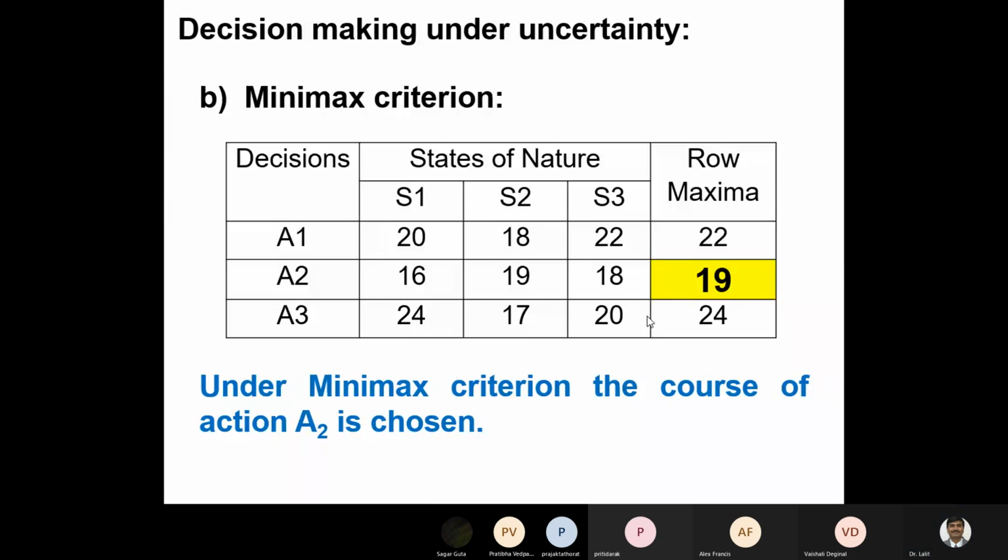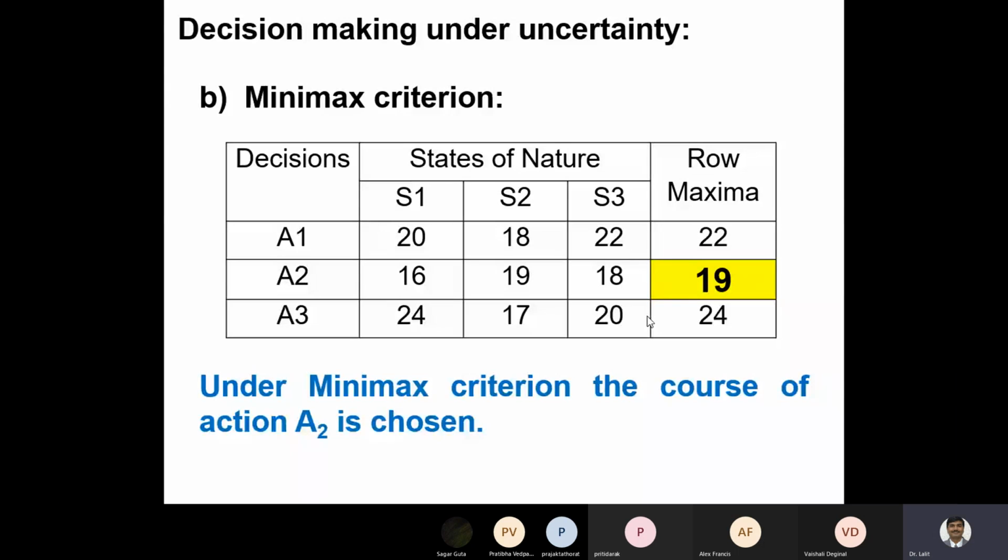Hope you remember how we converted a profit matrix into a loss matrix while solving the maximization assignment problem or maximization transportation problem. There we used to calculate the relative loss. The same logic applies here.